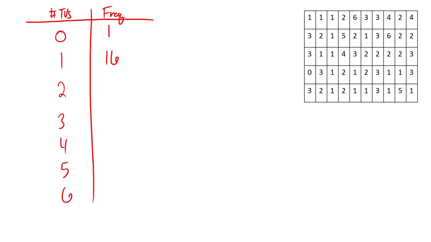How many were two? 14? People seeing 14? Okay, we'll be able to check our math at the end pretty easily. How about 3? 12. Is it 12? Yeah. Okay, how many have 4 TVs? Is it 3? How about 5?